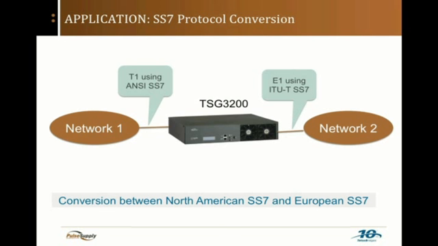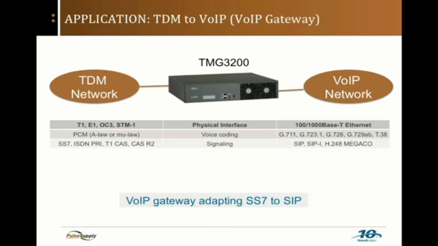We have a number of customers that are using our devices to do this in order to interconnect different networks or devices that don't necessarily support the same SS7 variants.